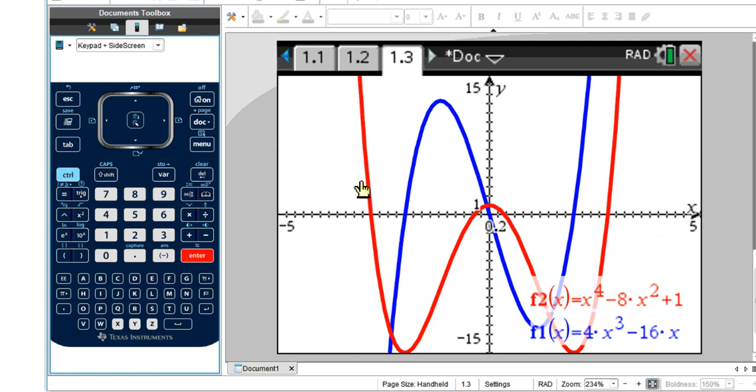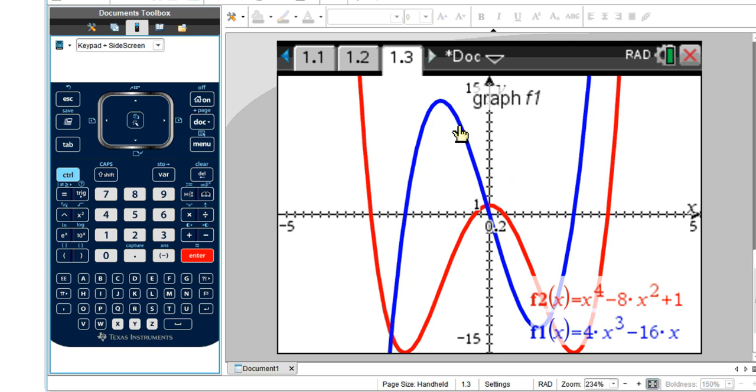So this one in red is our original function. And this one right here in blue is g prime of x. Okay? So anytime we have the blue below the x-axis, we see that the red one is decreasing.